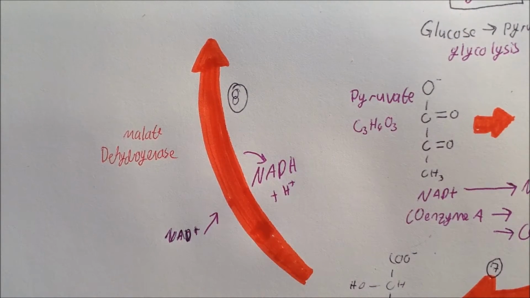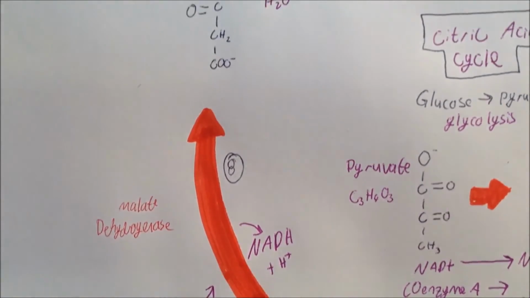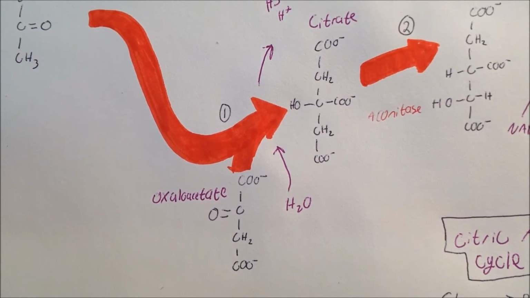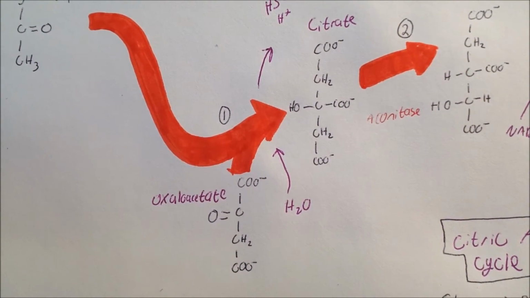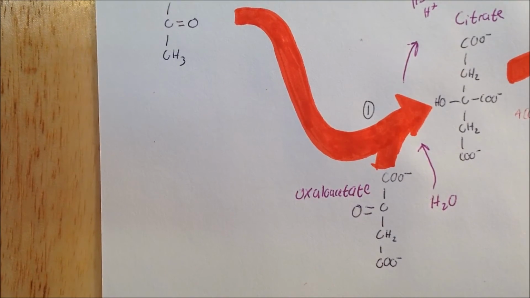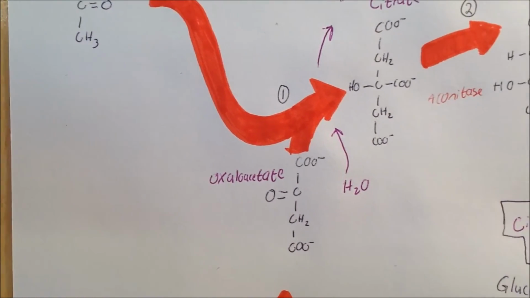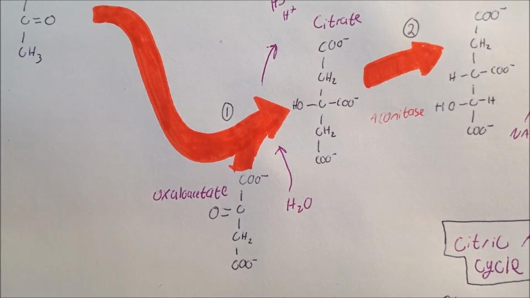So this is the final step, quote unquote, of the citric acid cycle. The oxaloacetate that was just made is now combined with another molecule of acetyl CoA to get another citrate molecule, and this process just begins all over again.